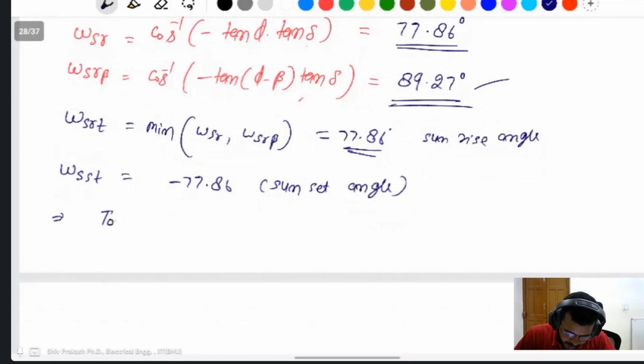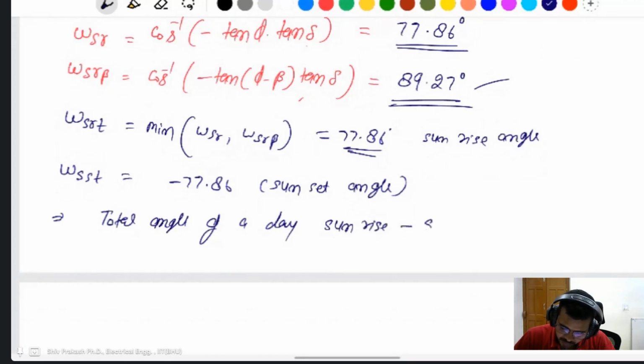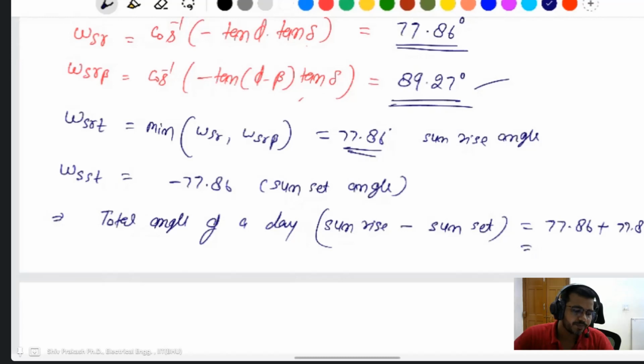Total day angle is 77.86 plus 77.86, which is 155.72 degrees.